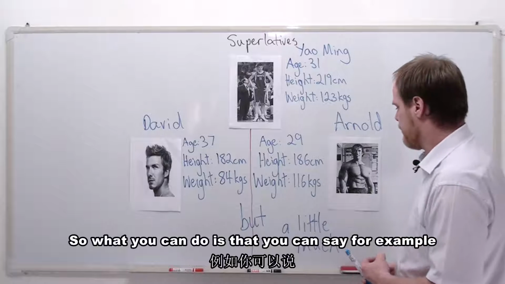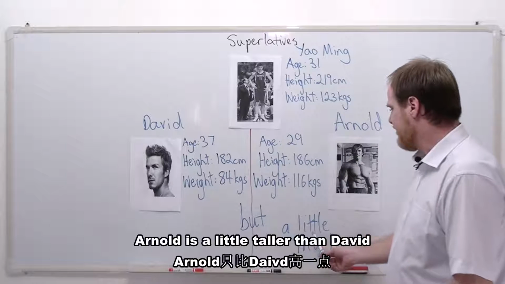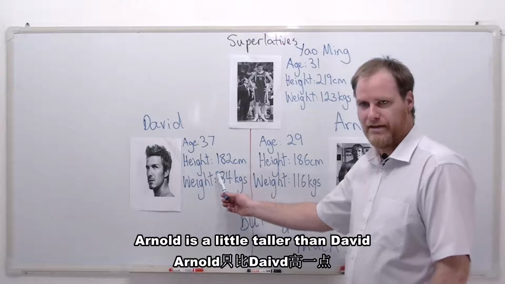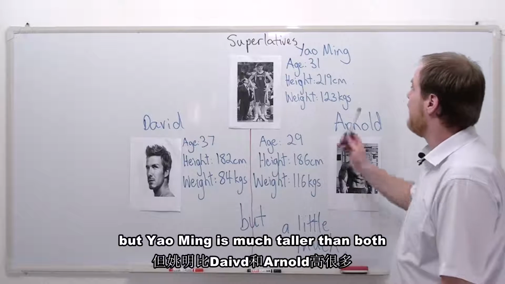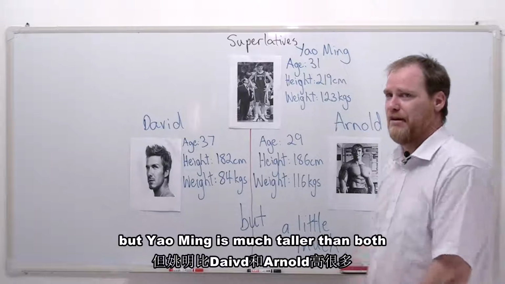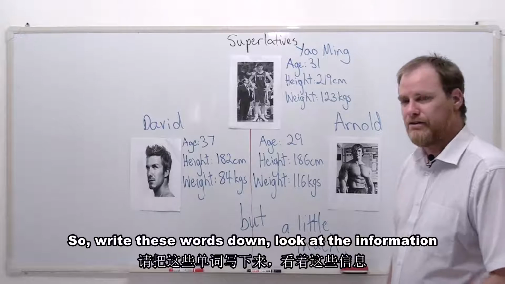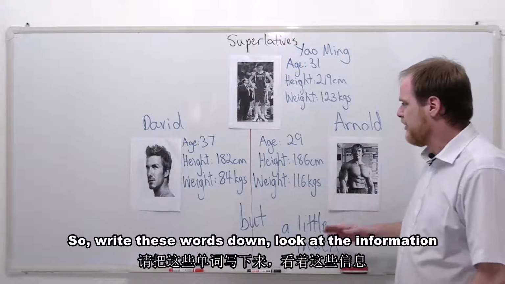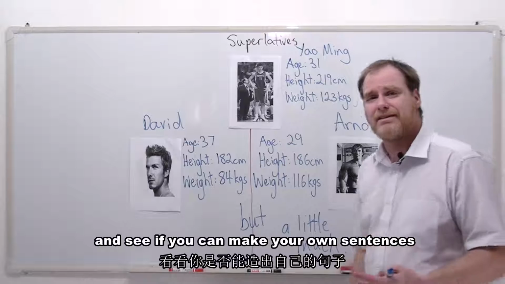So you can say, for example, Arnold is a little taller than David, but Yao Ming is much taller than both David and Arnold, okay?